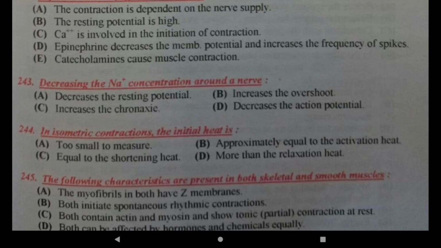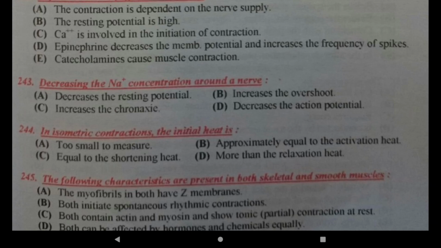When you decrease sodium ion concentration around a nerve, you will decrease the action potential. When the sodium ion concentration outside is far less, we shall have less sodium to get across the membrane into the sarcoplasm after the sodium voltage gated channels open.